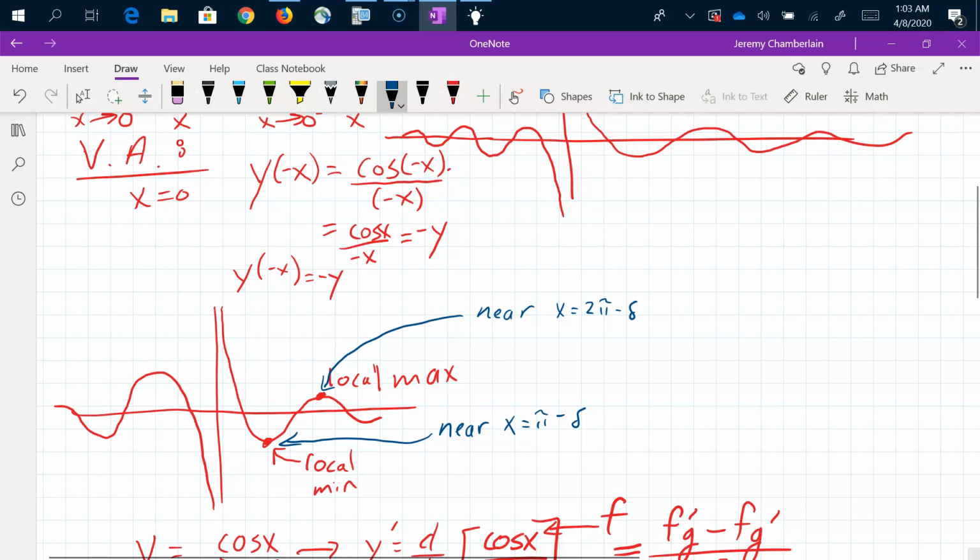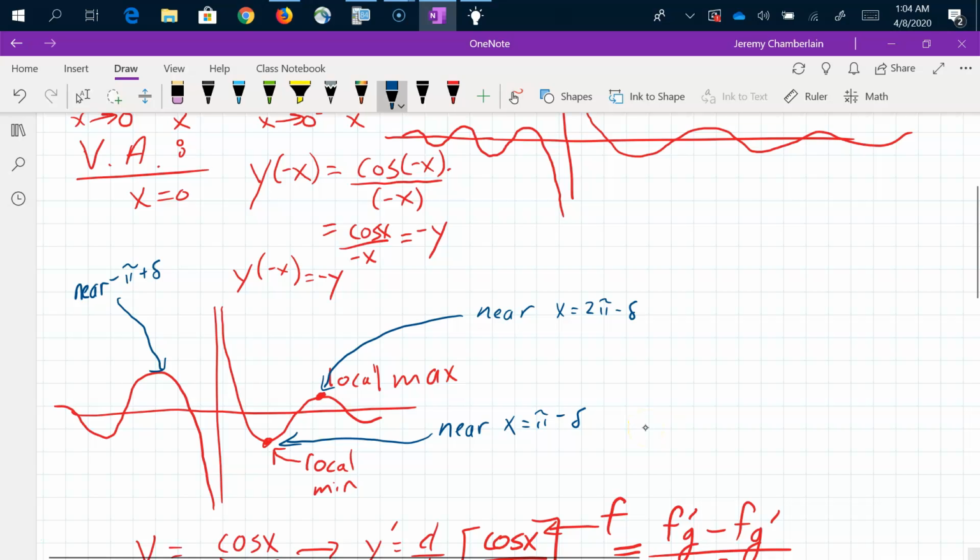And over here, remember when I said the local maximum here, if I just switch the sign, a local minimum will become a local maximum over here. So this is going to be near minus pi plus delta. And I literally changed the sign. The minus pi for pi and plus delta instead of minus delta.